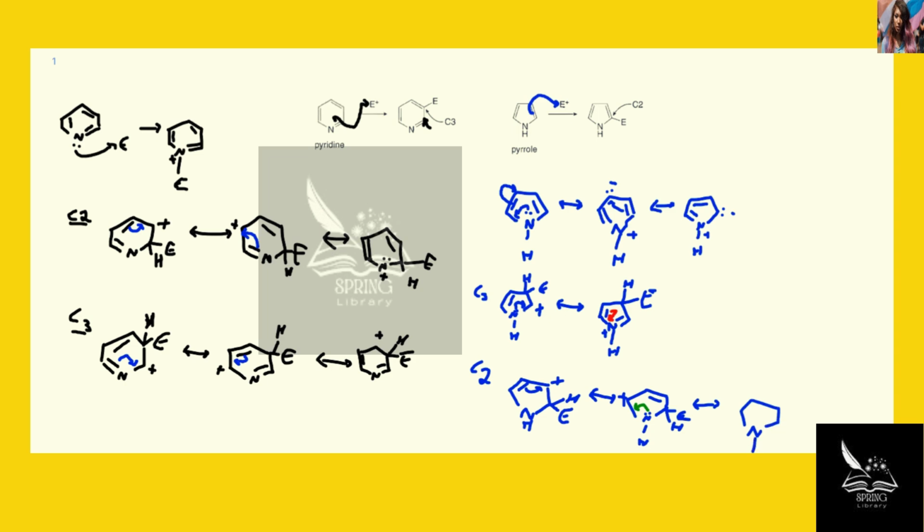But there's already one more resonance structure than if attack was on carbon 3. So already we know that this is going to be a lot more stable than attack on carbon 3. Because we have more resonance structures when we have attack on carbon 2, we have a more stabilized carbocation, and therefore electrophilic substitution will occur on carbon 2 and not carbon 3 for pyrrole.